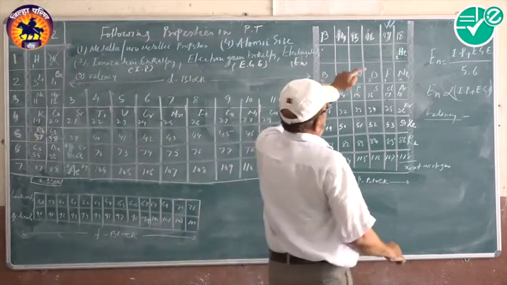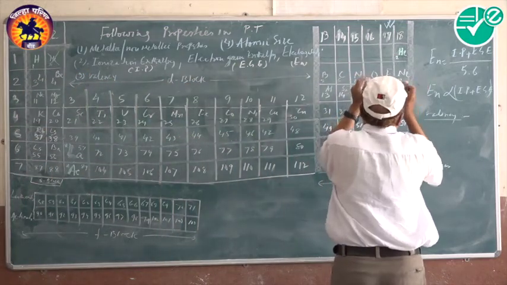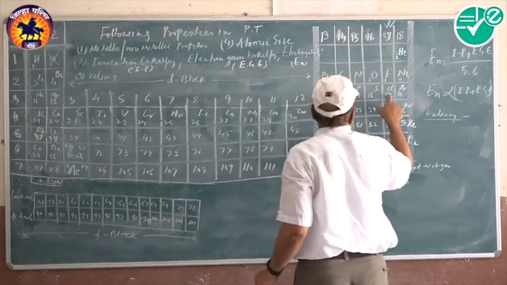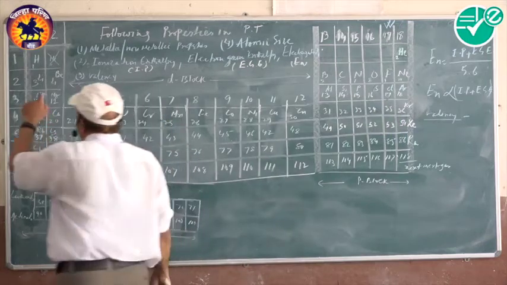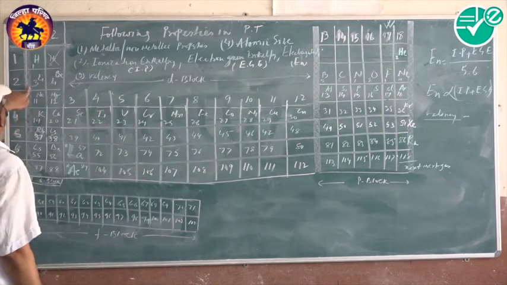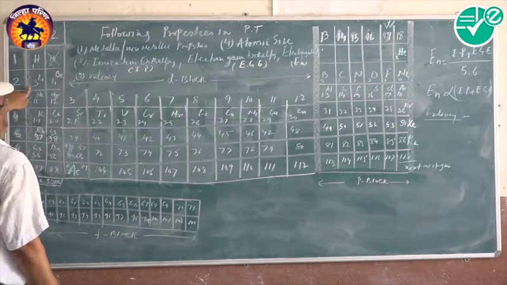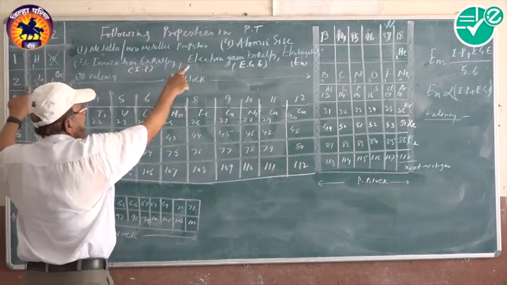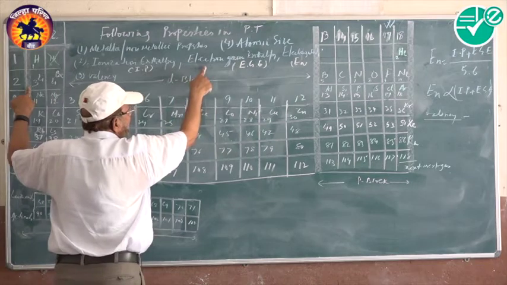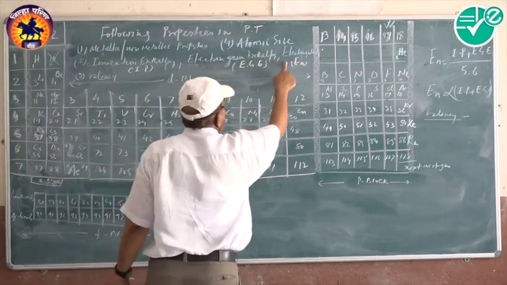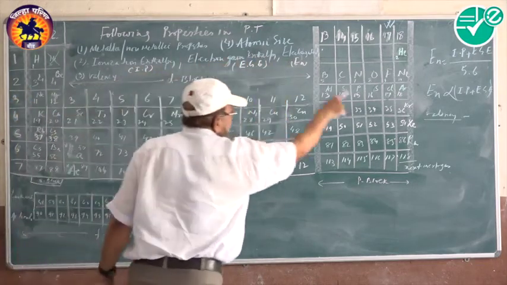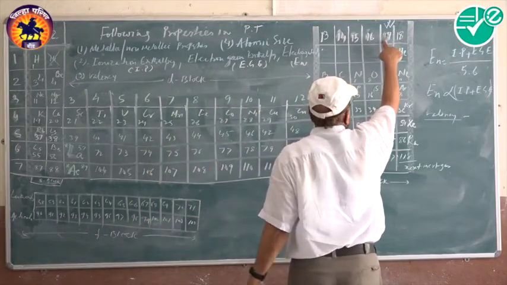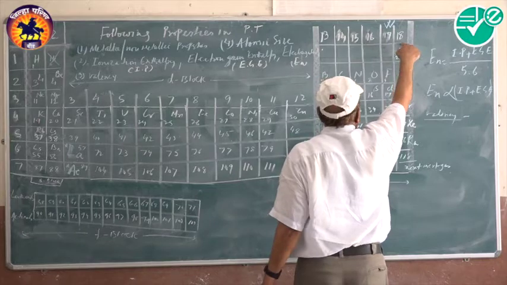But in the case of female, non-metal, size is lower but these three properties are higher. Hence, from left to right, ionization enthalpy, electron gain enthalpy, as well as electronegativity go from low to high. Of course, from first to 17 only. We will discuss later on.